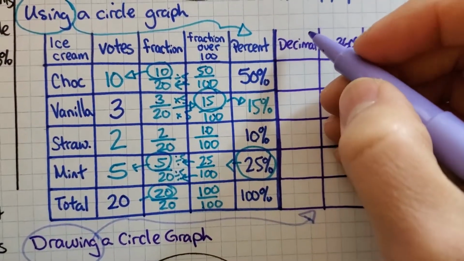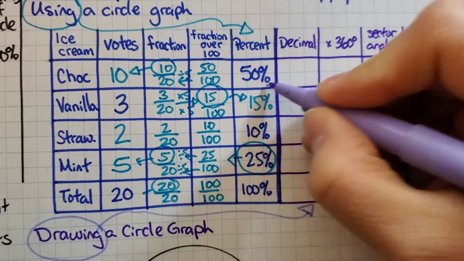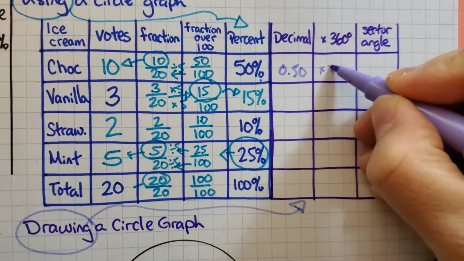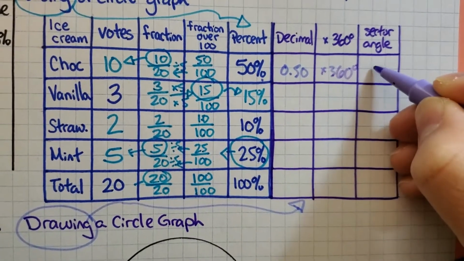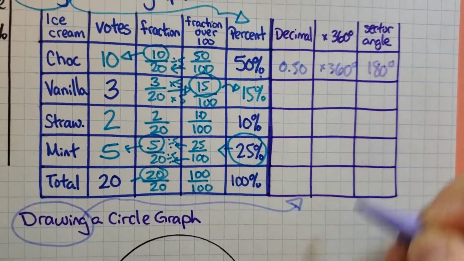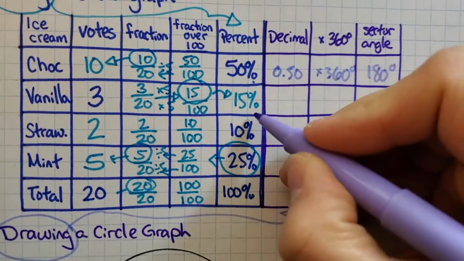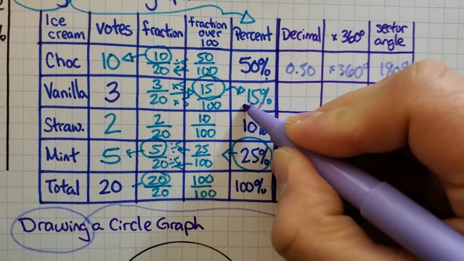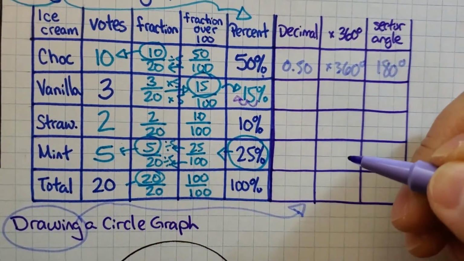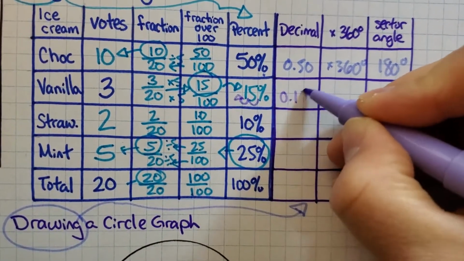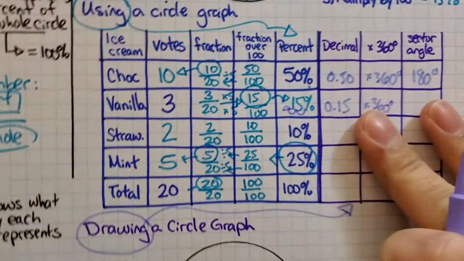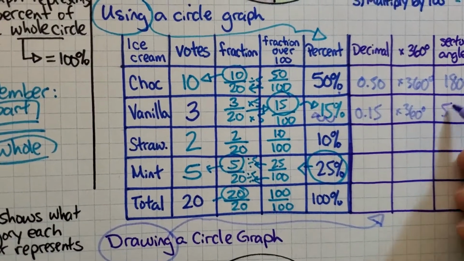This is also listed in our chart here. So 50% one more time, 0.50 times 360 equals 180 degrees. 15%, 15 divided by 100, or you move the decimal spot over 2, 0.15 times 360, and you're going to get 54 degrees.